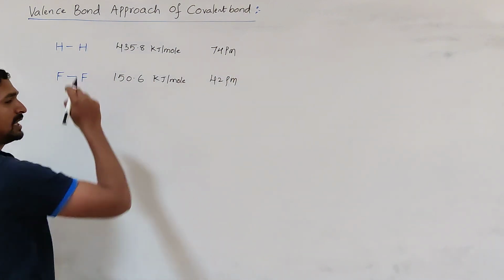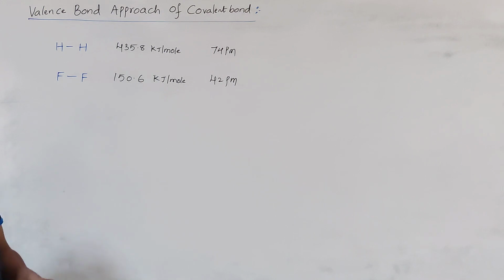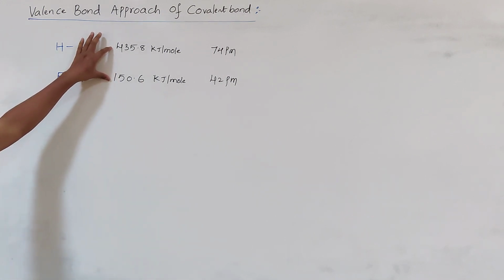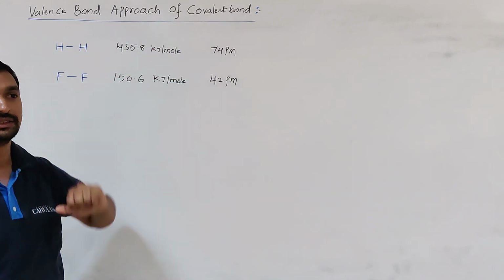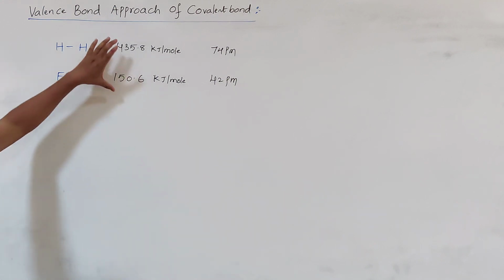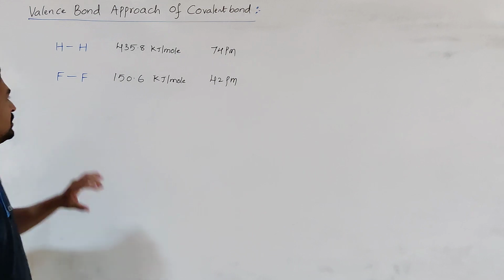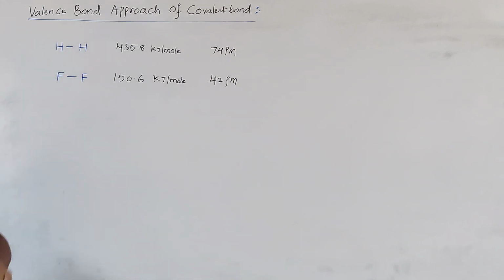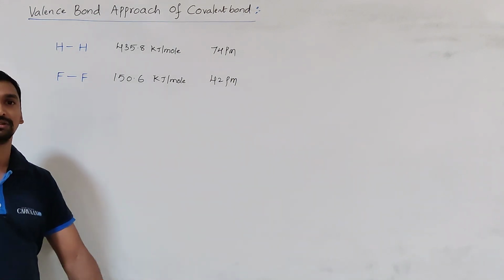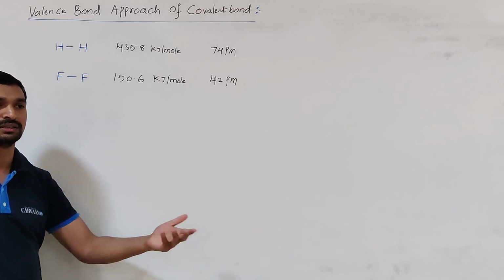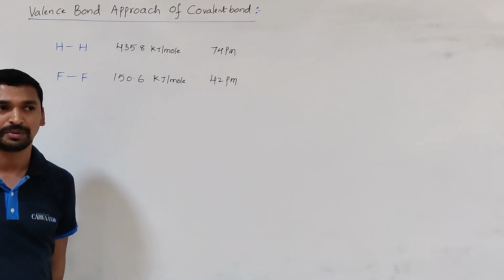In both cases the same single covalent bond is present, but their bond dissociation enthalpies are different and their bond lengths are also different. So why is the bond dissociation enthalpy different? Why is the bond length different? Even though the same type of bond exists between the atoms, that could not be explained by the simple concept of covalent bond formation.